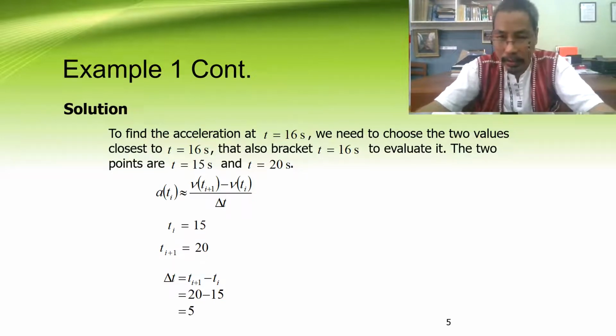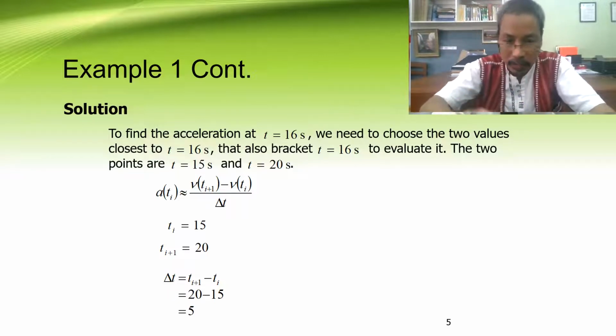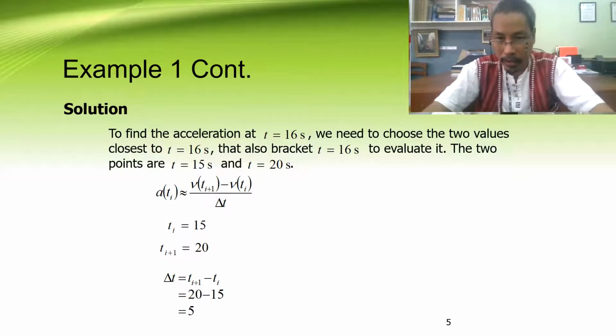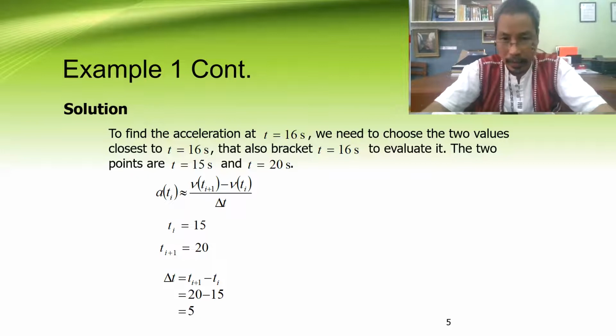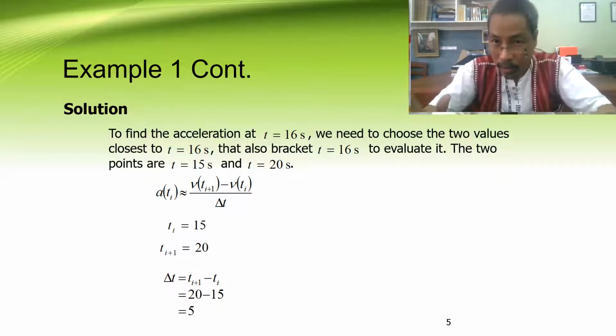What is the reality on the ground? You have to solve it, whatever it takes. So to evaluate it, the two points are, of course, 15 and 20. Okay, let us now have a concrete idea how to do it. Still, we know something from physics and mathematics. We will still use those.